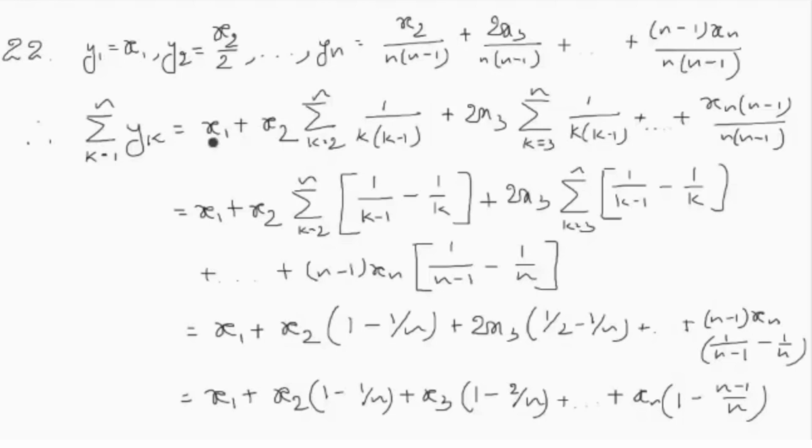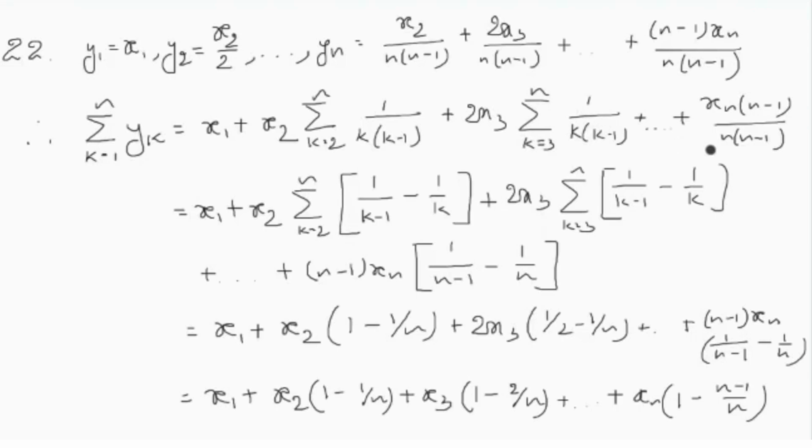So this is x1 plus x2. x2 appears in all of the terms from 2 to n, and since it's in yn, its coefficient is 1 by n into n minus 1. So it's x2 summation k from 2 to n, 1 by k into k minus 1. And for x3, the coefficient is 2 by n into n minus 1, and it runs from 3 to n. So it's 2x3 summation k from 3 to n, 1 by k into k minus 1.